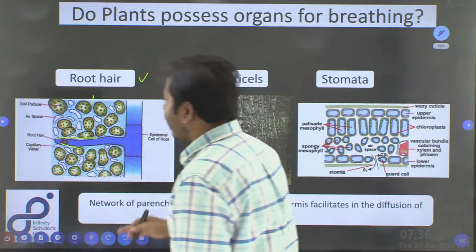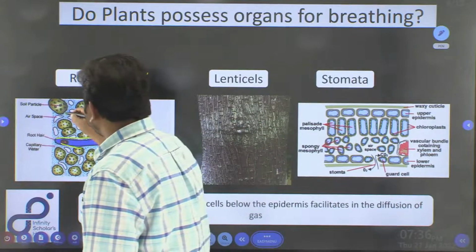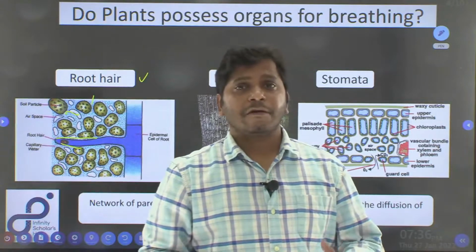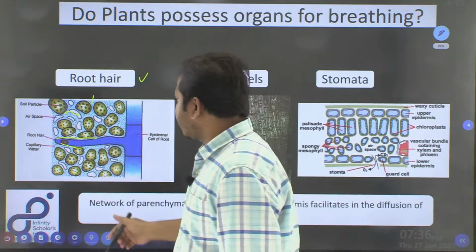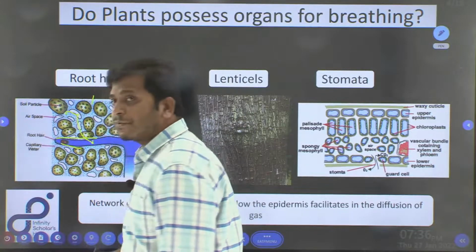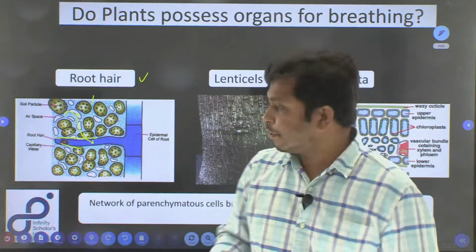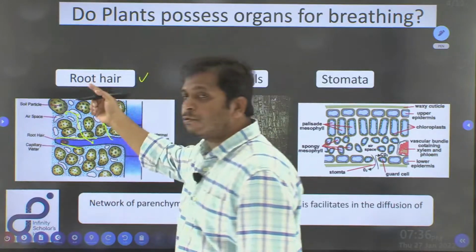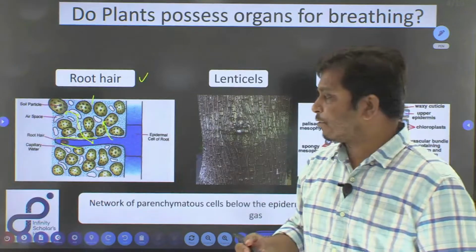As the soil is porous, there will be a lot of air spaces here, and these air spaces would be quite oxygenated. So there will be a lot of oxygen in that airspace, and therefore the oxygen will diffuse into the root, and the carbon dioxide, which is produced as a byproduct of respiration, will diffuse outside. The carbon dioxide will go out and oxygen will come in during the process of respiration.